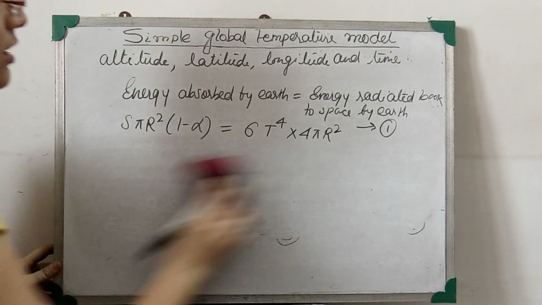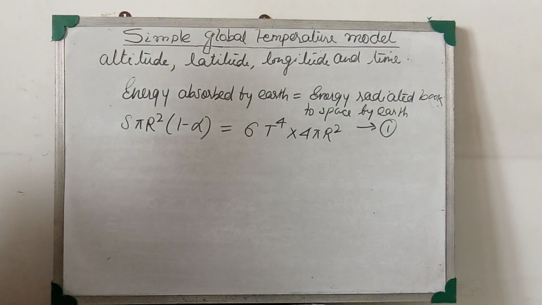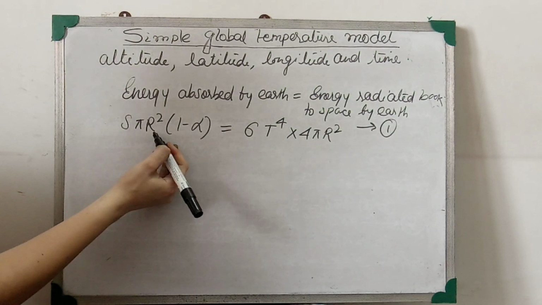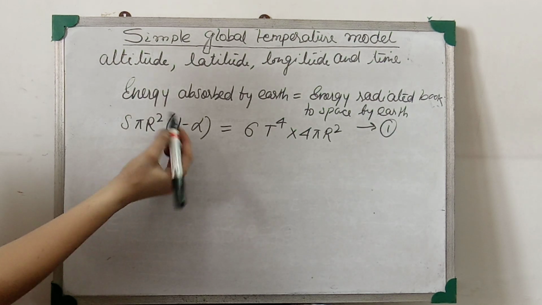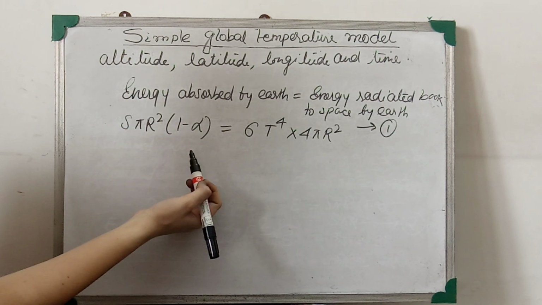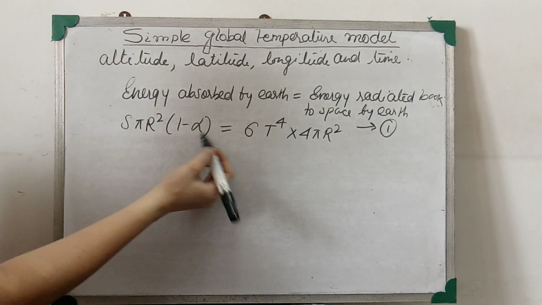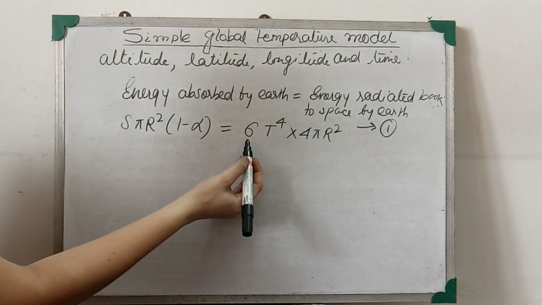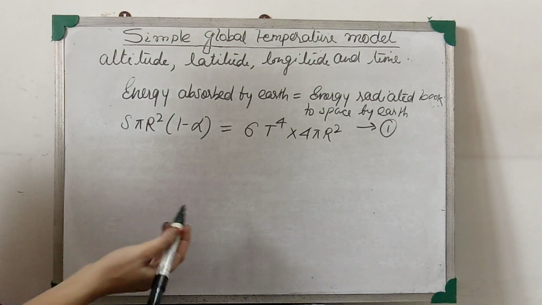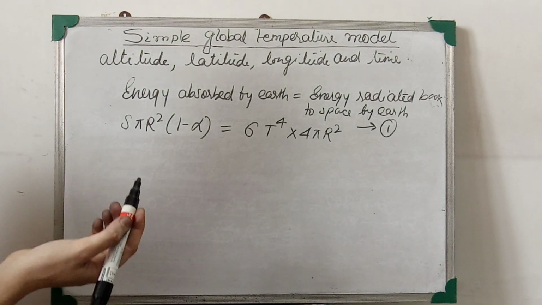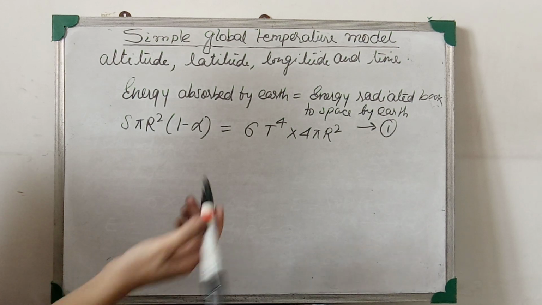Now S is the solar constant, r is the radius of the circular hoop that we had considered in order to calculate the energy absorbed by the Earth. Alpha is albedo. Sigma is the Stefan-Boltzmann constant, whose value is 5.67 into 10 to the power minus 8 watt per meter square Kelvin to the power 4.